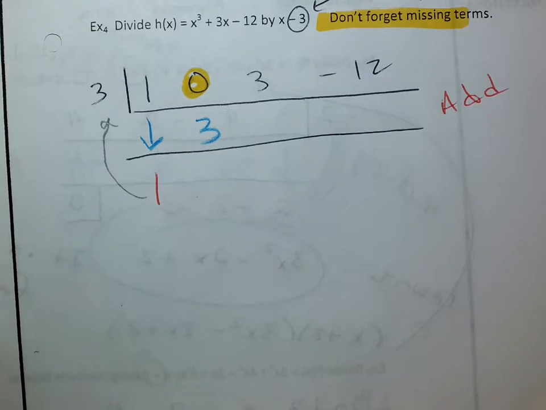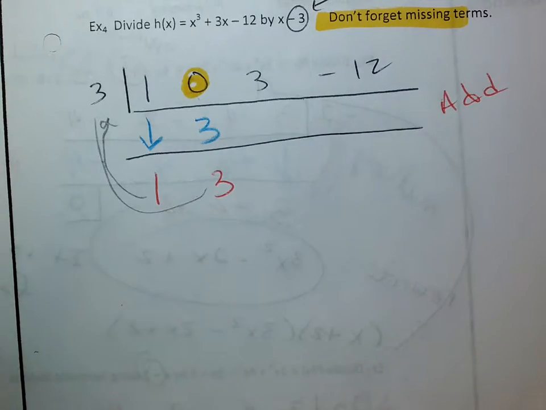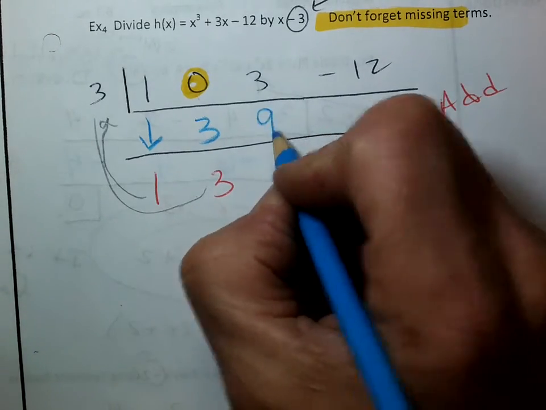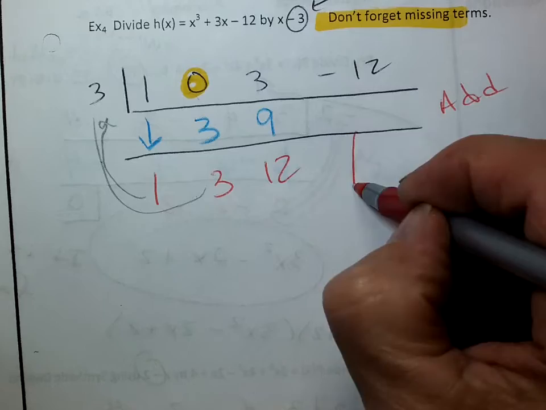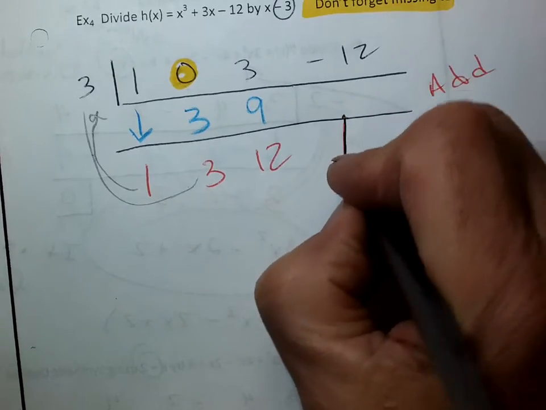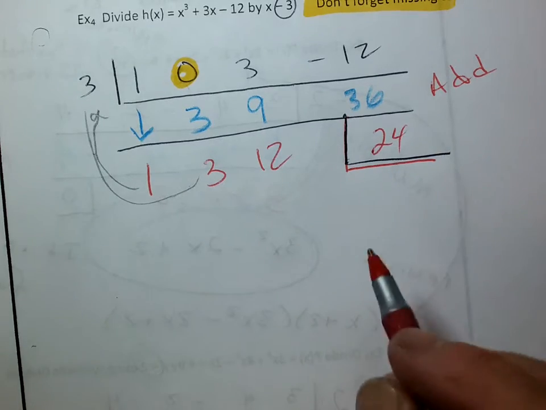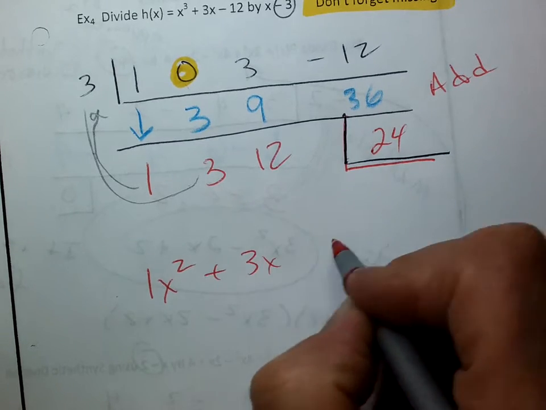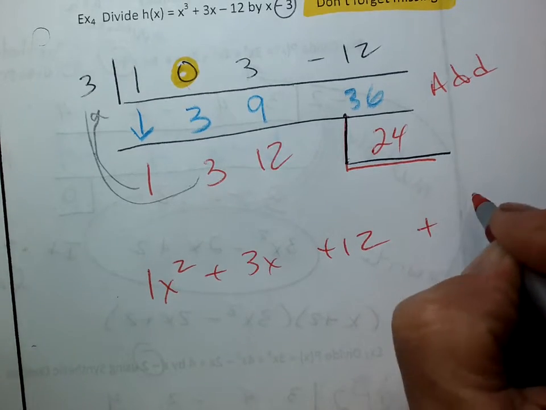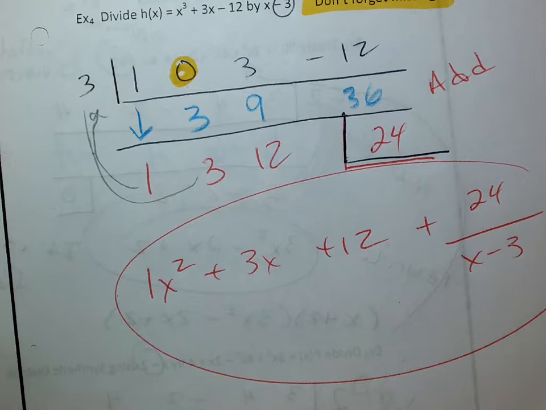I add, and then I get a 3. I multiply, and I get a 9. I add, and then I get a 12. I multiply, and I get a 36. I add, and I get a 24. So my answer is 1x squared plus 3x plus 12 plus 24 over x minus 3. There you go.